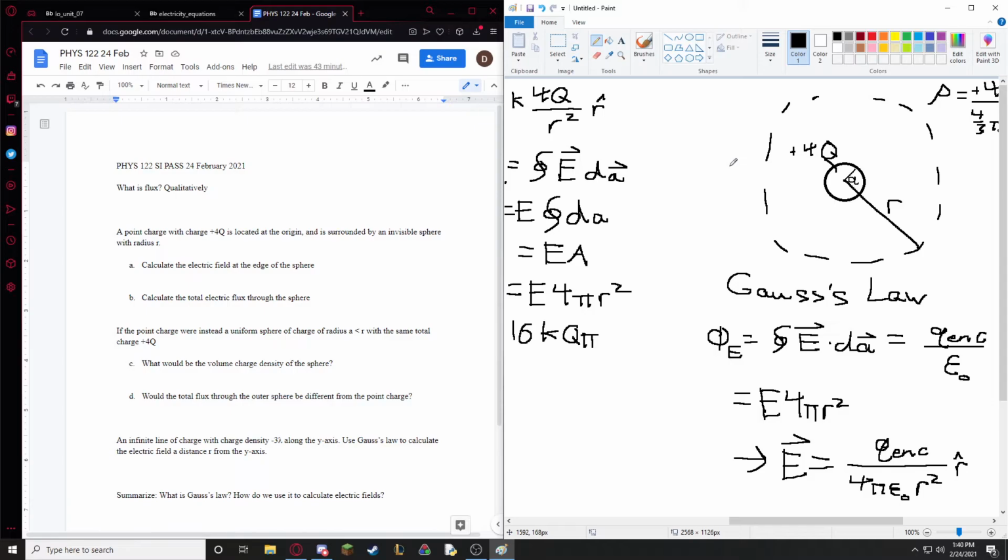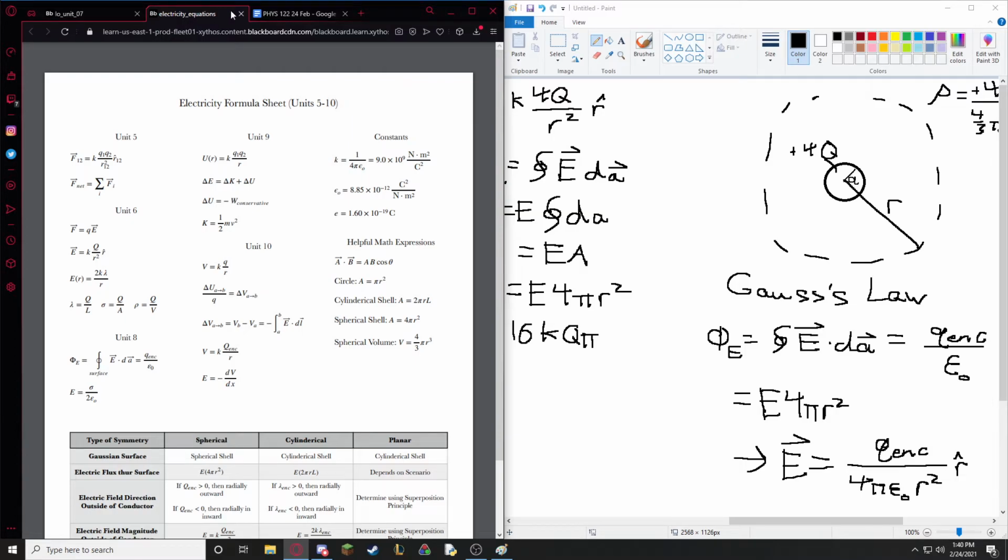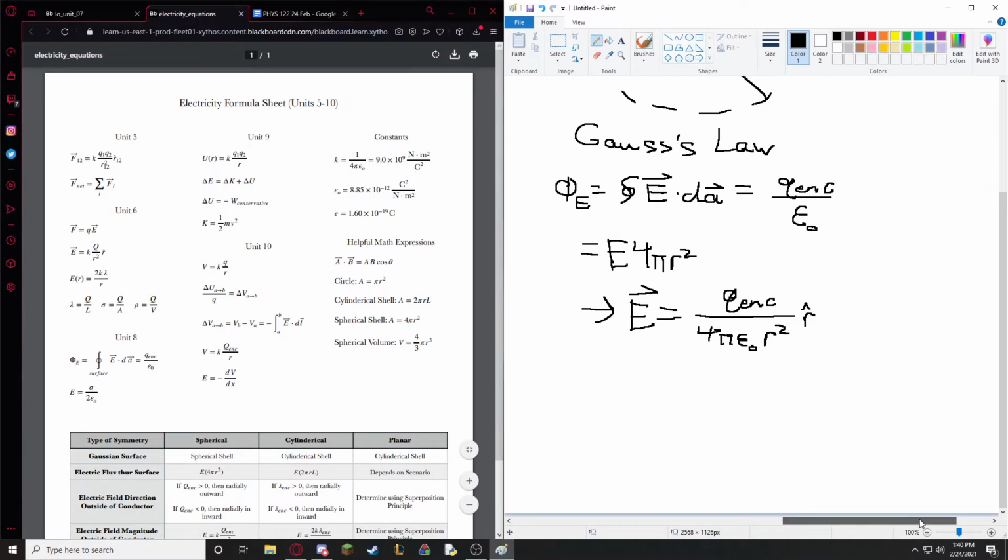Oh, since K is 1/4 pi epsilon naught, it would just move the 4 pi epsilon naught to the top. Yep, so K is equal to 1/4 pi epsilon naught.